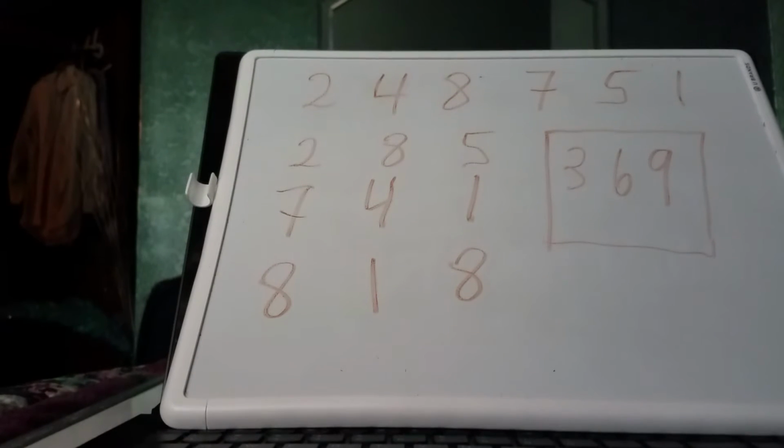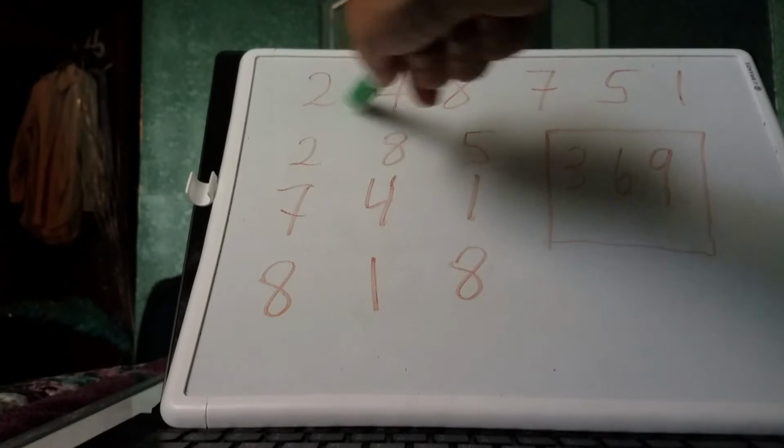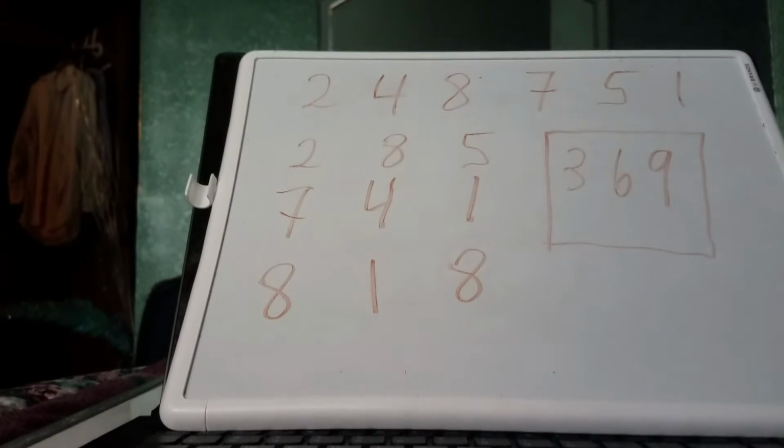So the 285 and the 741s are basically intervals within the 248751 code.